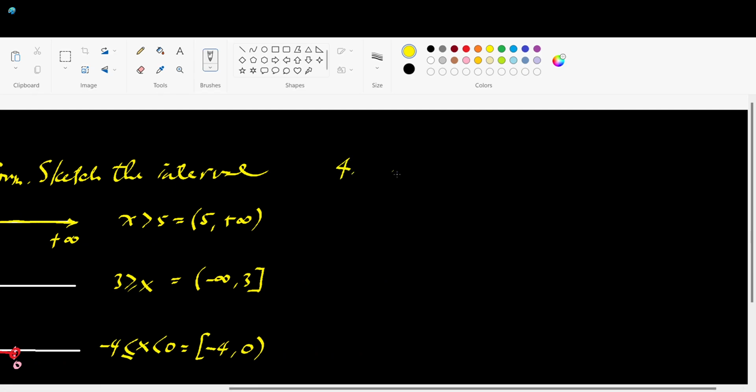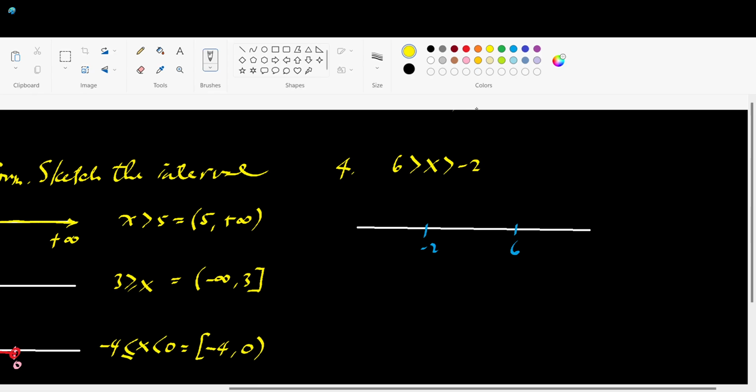Okay, another one. Say x is greater than negative 2 but less than 6. Sketch this on the number line. We write down the numbers negative 2 and 6. So all numbers in between, strict at both ends.